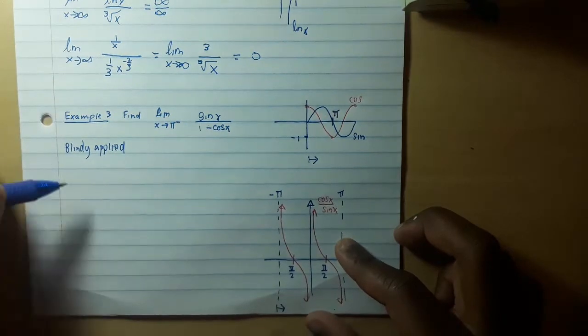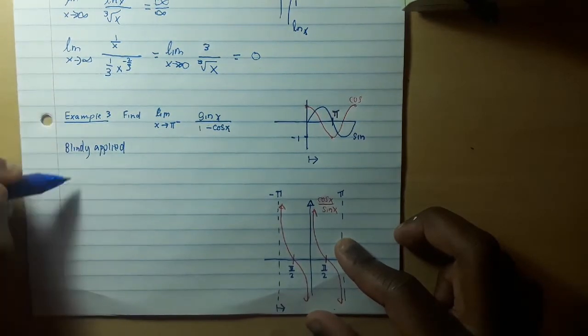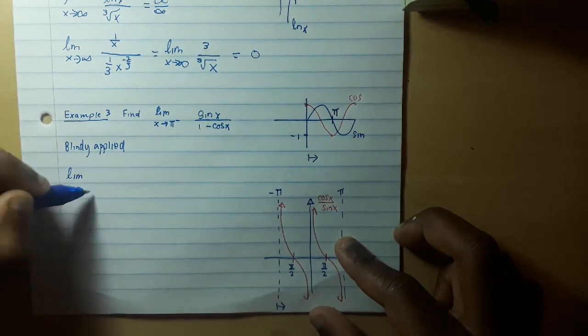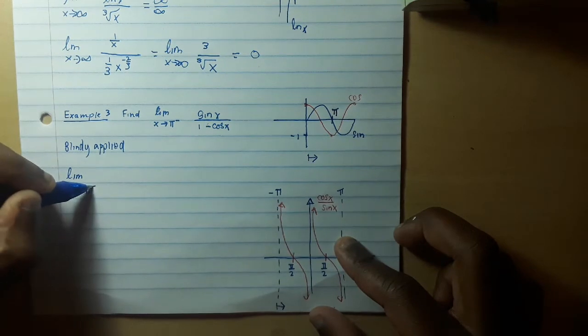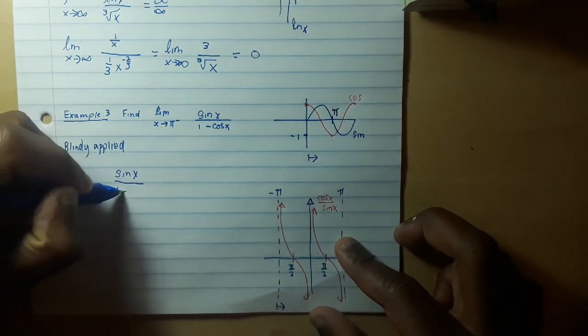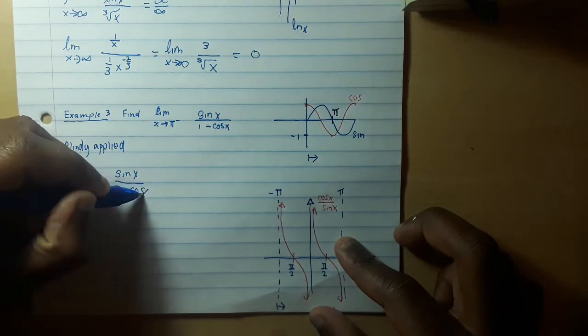So then this means we would say the limit as x turns towards pi on the left side of sine x over 1 minus cos x, right?